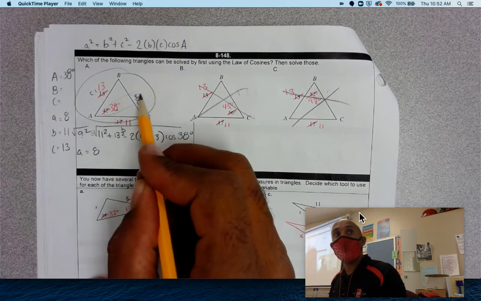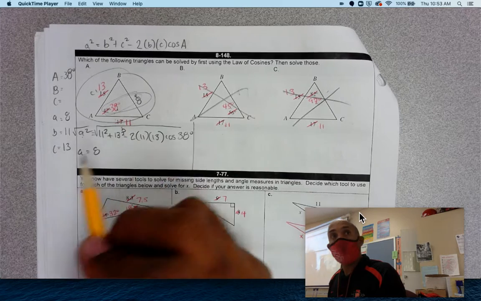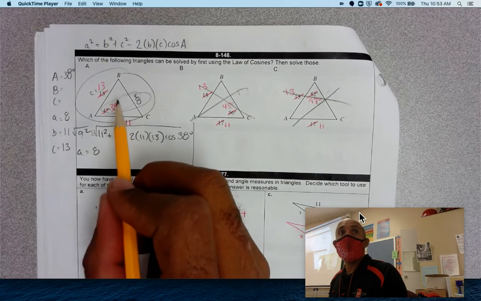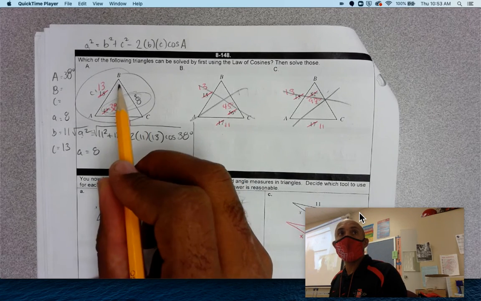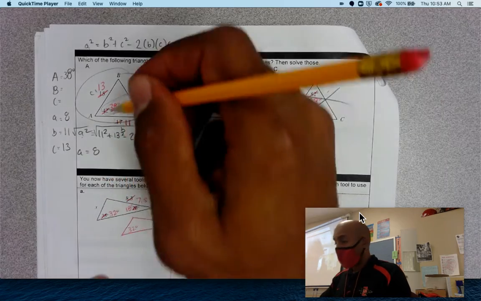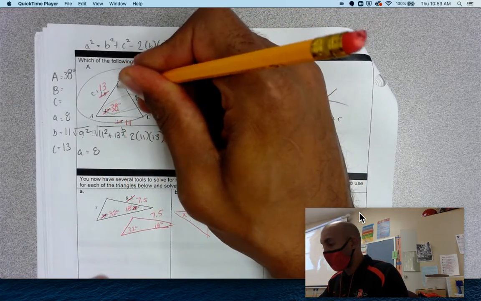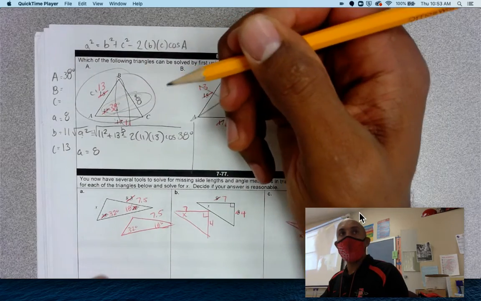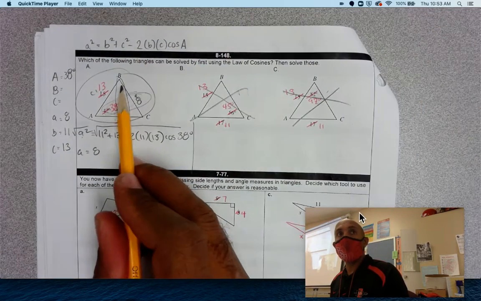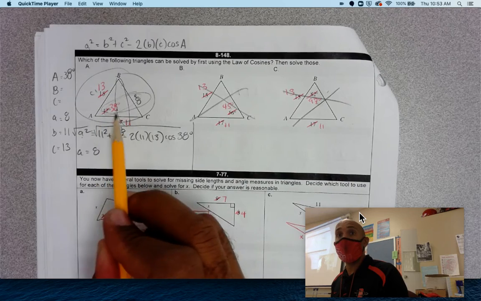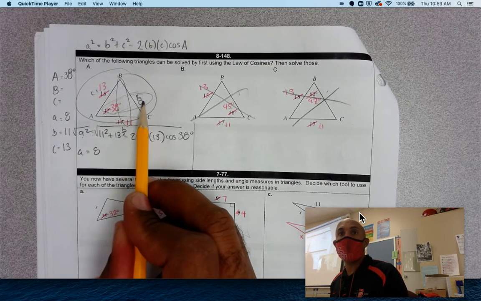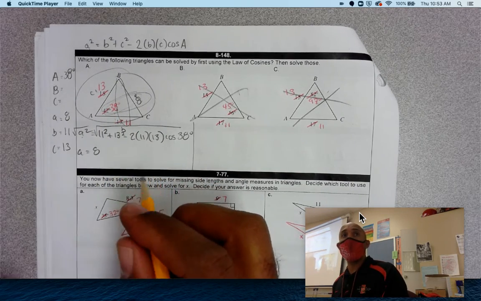Well, the side we just found, there's a pair, okay? And we need to find B or C, so let's look for B next. Here's the side across from B, right here. So that means I have a pair right there with the side that I'm looking for, and a known pair. In other words, I know both the angle and the side now.